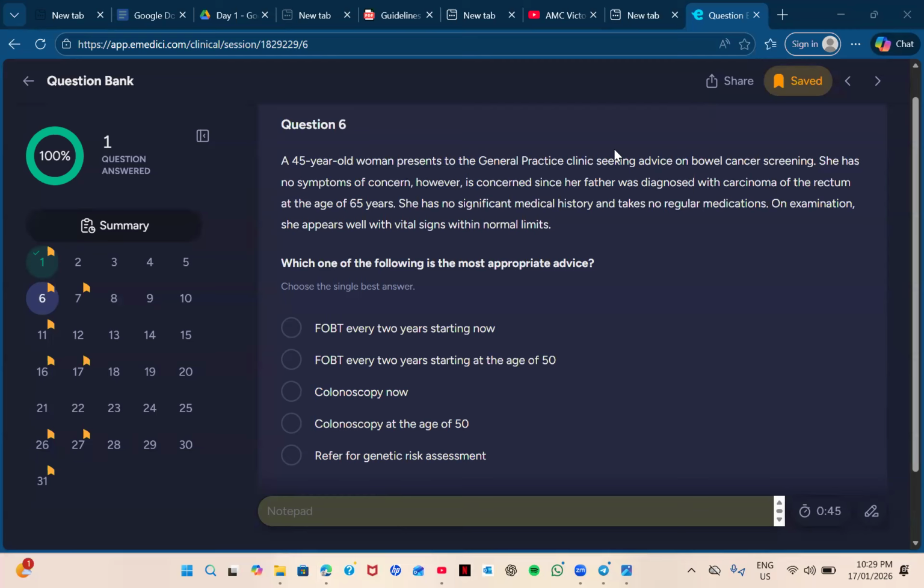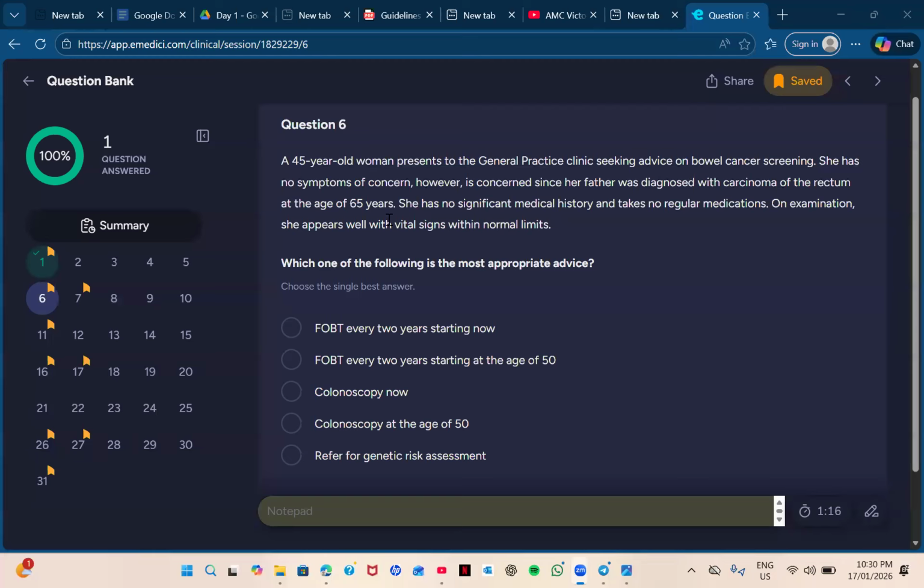We got A's and D's. So, tell me which category this patient is. Is it average, moderate, or high risk? Tell me that first. Here, a 45-year-old woman presents, and her father was diagnosed at age 65.